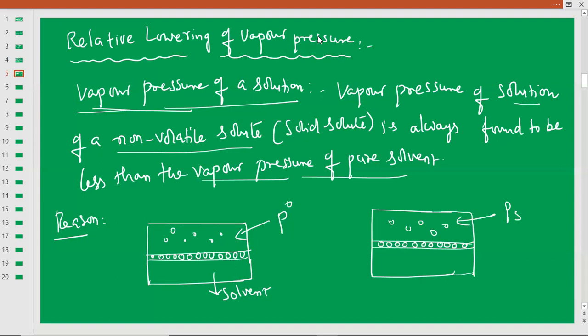That means when the solute particles are staying along with the solvent particles on the surface, the number of solvent particles over the surface decreases. That will decrease the vapor pressure. So that's why P naught is said to be greater than PS.